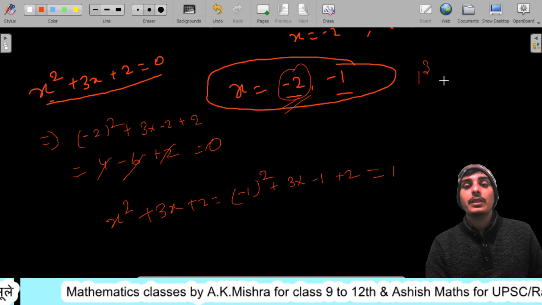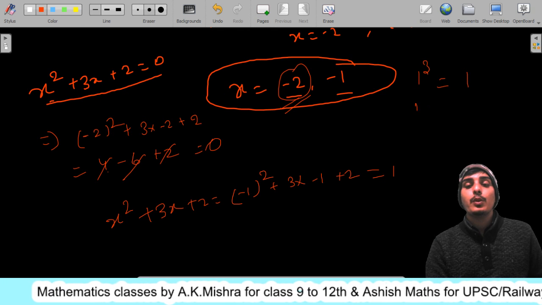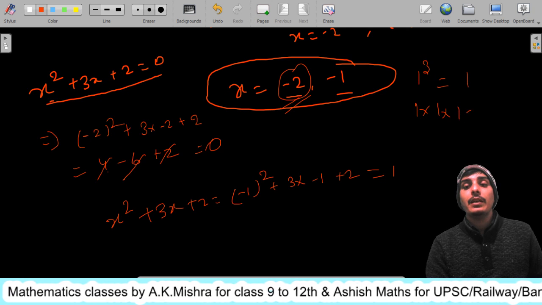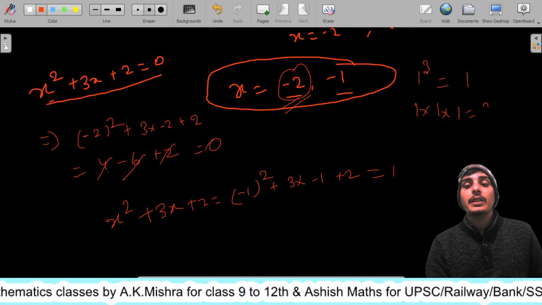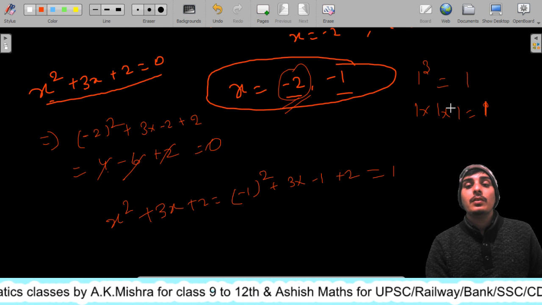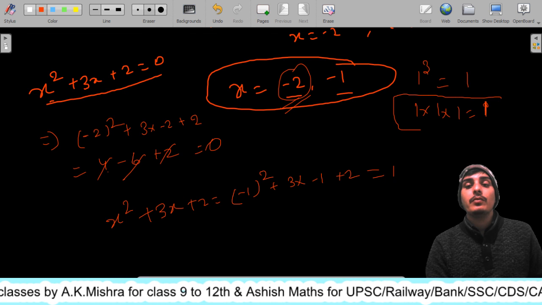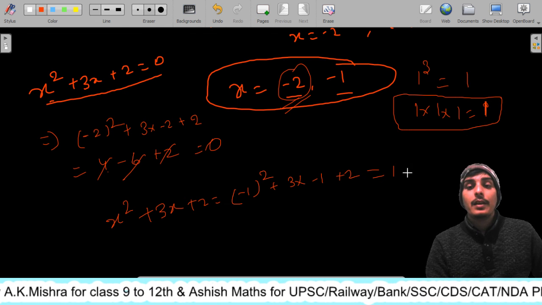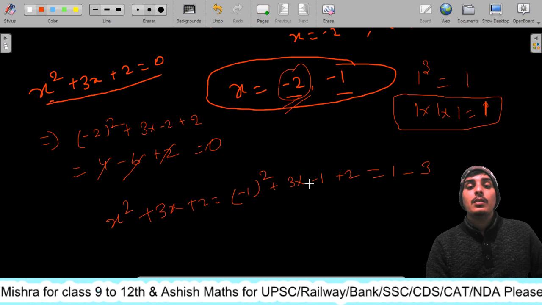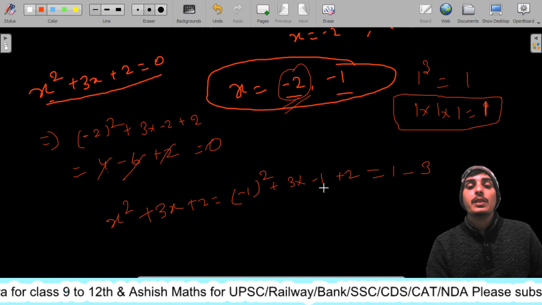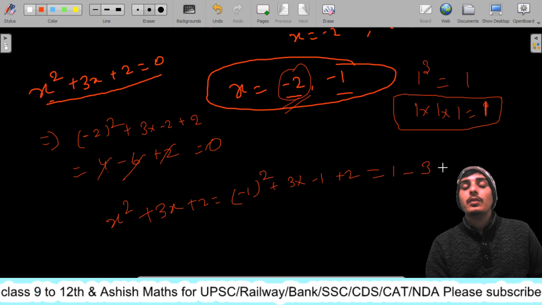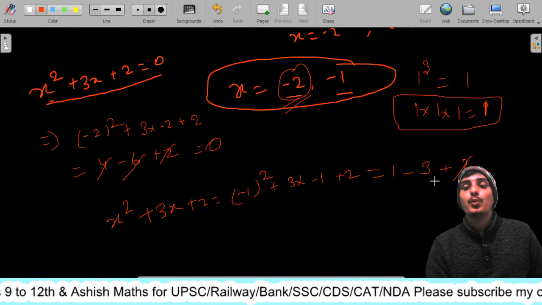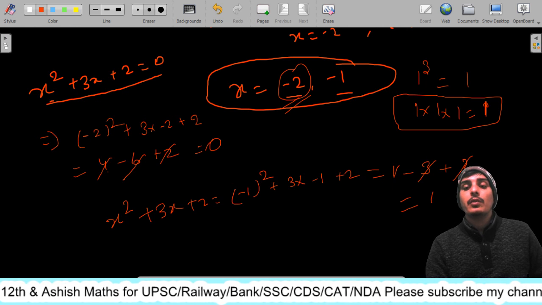For example, 1 to the power 3 equal to 1, because multiplying 1 many times gives 1, because we know that 1 is the multiplicative identity, right? And after multiplying 3 into minus 1, we get minus 3, and plus 2, 1 plus 2 is 3, and 3 minus 3 equal to 0.